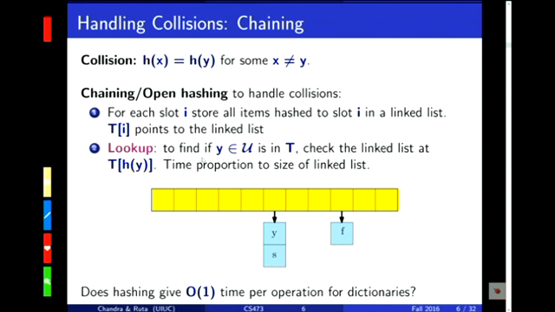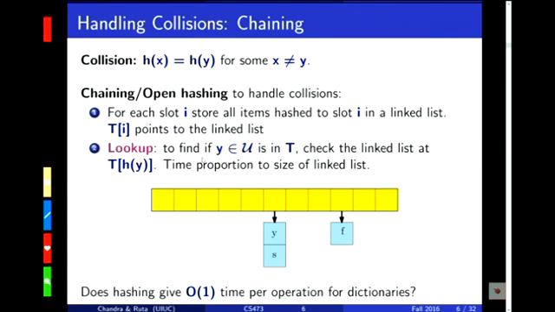For searching a linked list, you just have to go step by step, maybe look at all the elements in the linked list to find out whether some key is there or not. So the running time will depend on the size of these linked lists at every position.